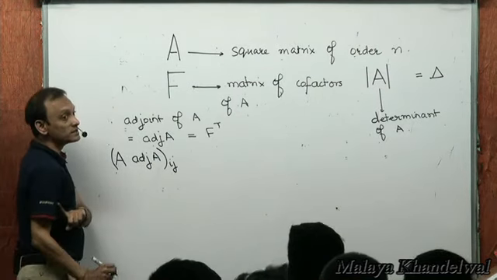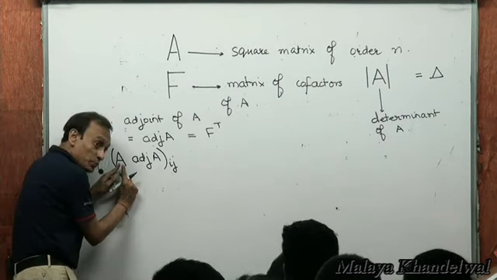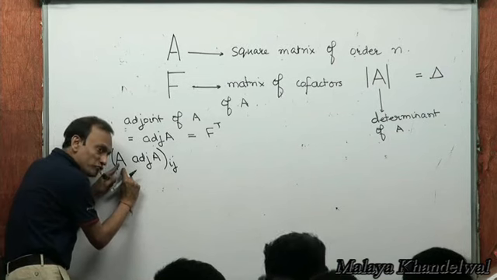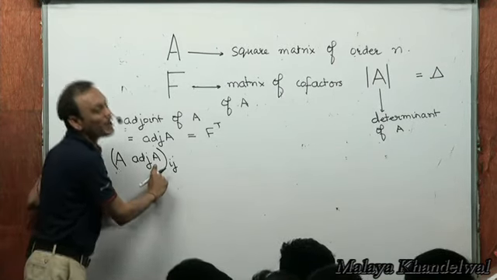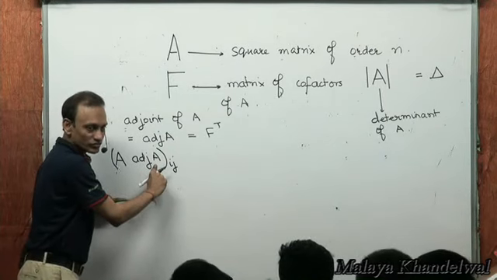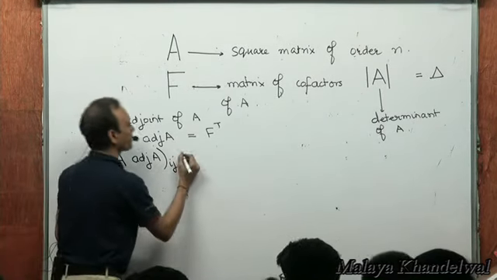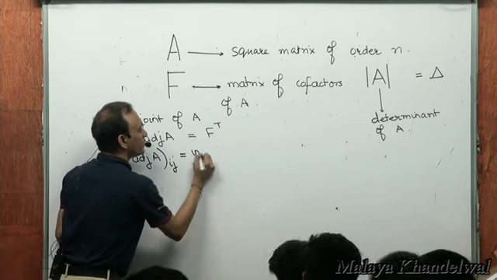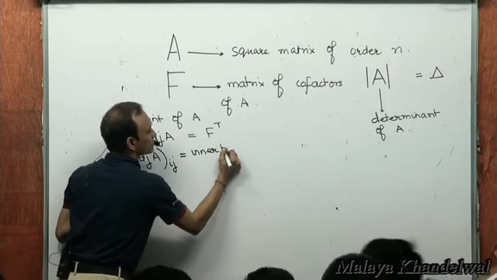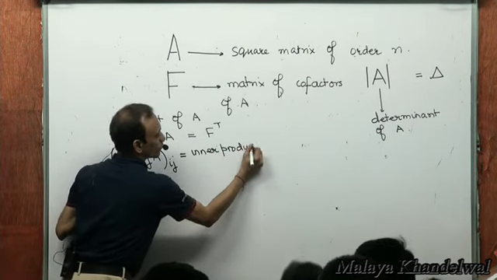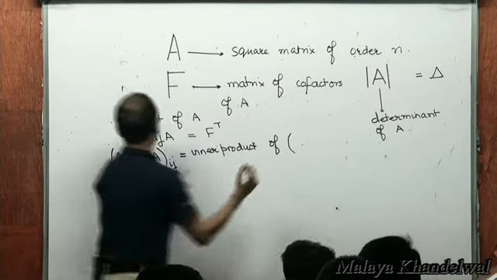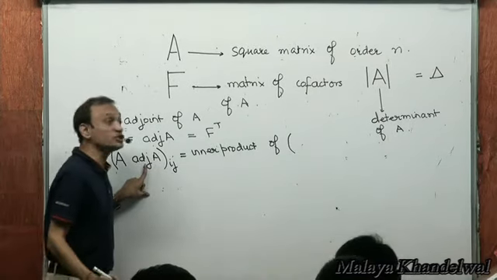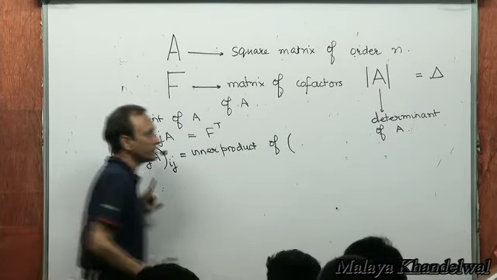How do you handle this? You take the inner product of the ith row of A and the jth column of adjoint of A. Yes or no? That's what you do, right?